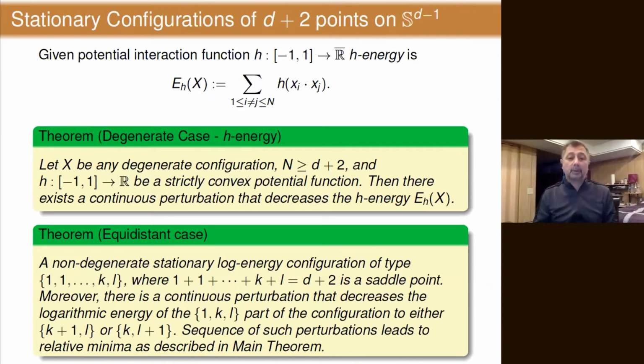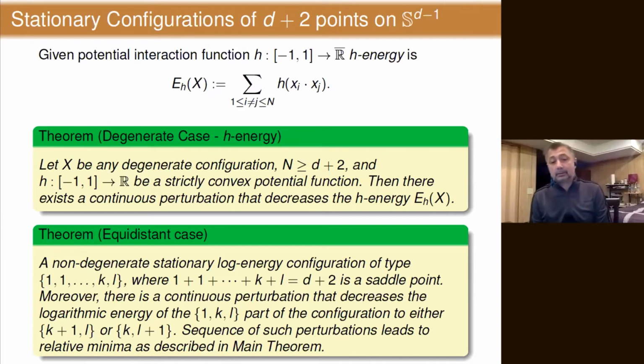So this problem really can be reduced to the case where we have one point equidistant to all the others, and then the other points form a K L split in simplexes.